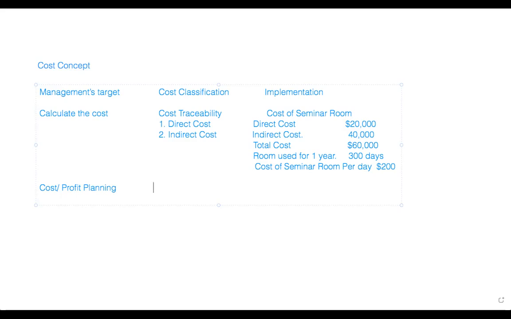The cost classification would be based on cost behavior. What is the classification of cost based on behavior? The first one is variable cost, the second one is fixed cost, and that one is semi-variable cost.